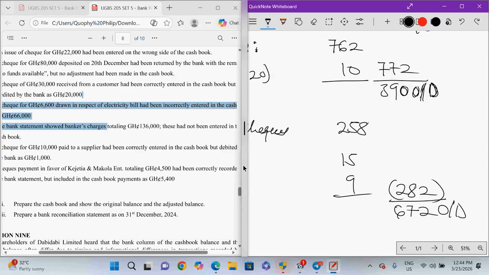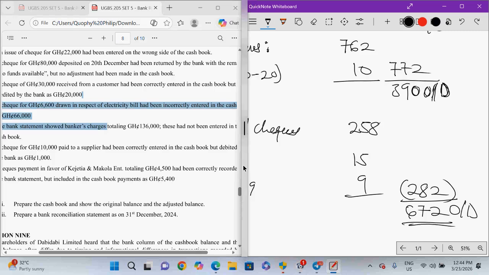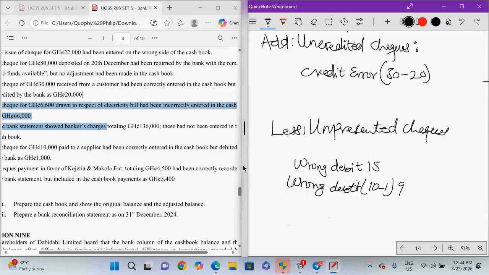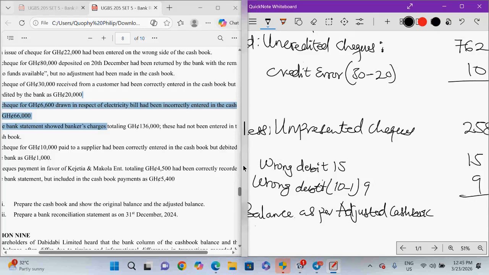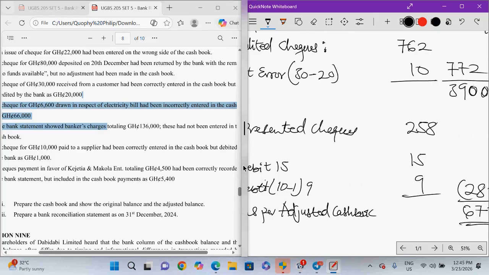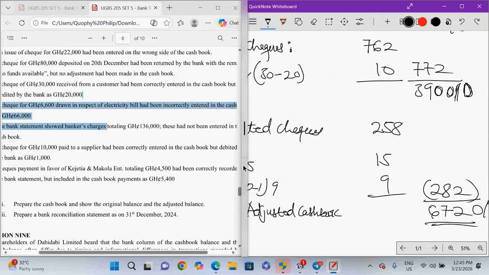It's a negative, right? So that's an overdraft. Yes. So this will be the balance as per adjusted cash book. Balance as per adjusted cash book. Right?